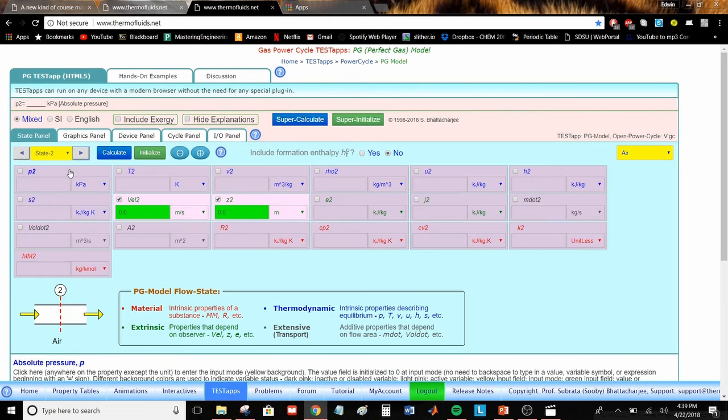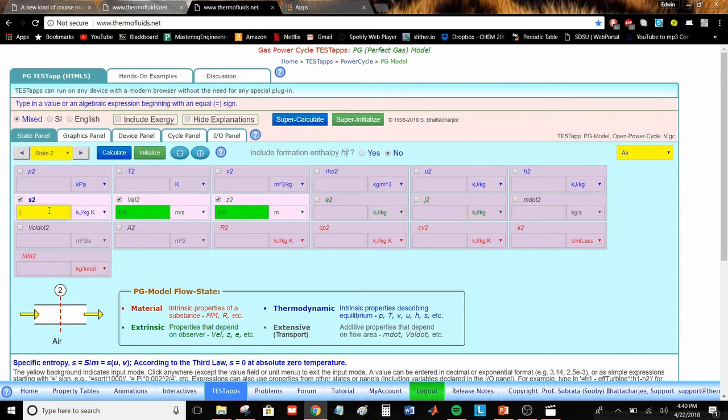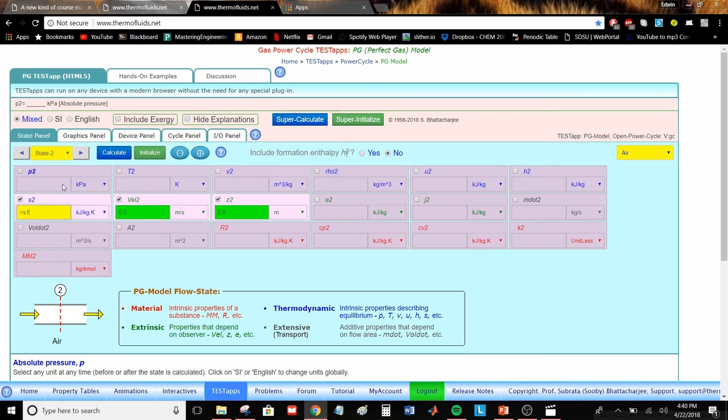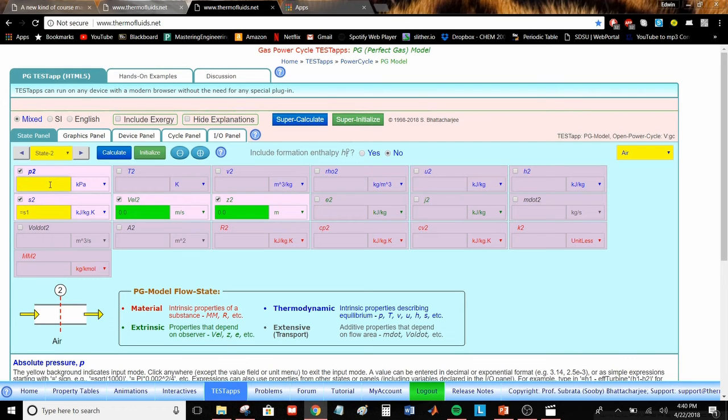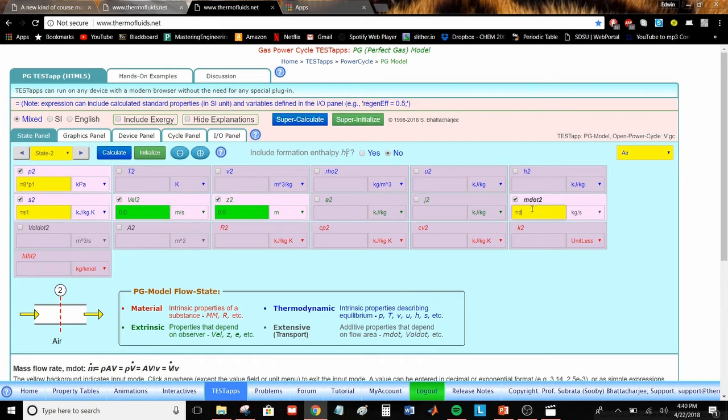Then the second state, after the compressor, isentropic compression, S2 is equal to S1. Pressure is 8 times higher than the initial pressure. Mass flow rate also remains the same.